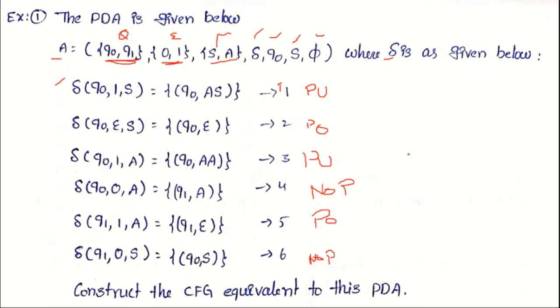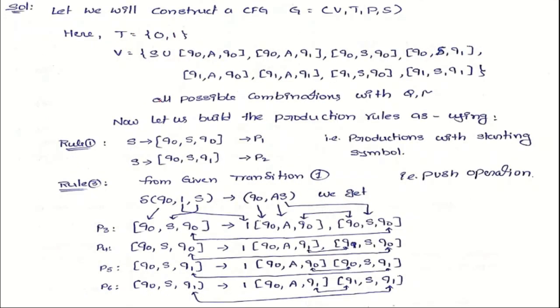One rule is for the starting symbol, one rule is for pop operation, another rule is for push operation. So here the given problem contains two states in total. That's why first we apply the starting symbol related rule, the first rule. Before that, let me assume there is a context free grammar G that is equivalent to the given PDA.